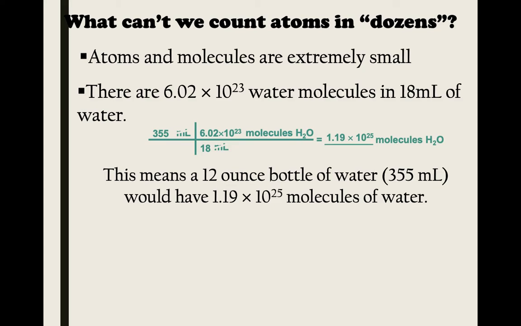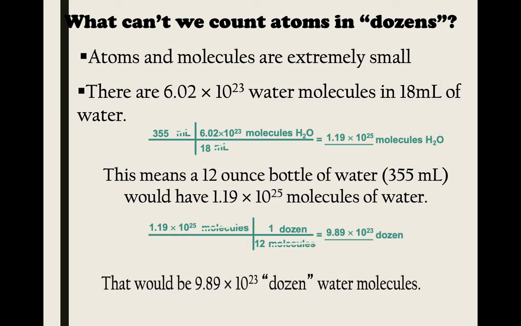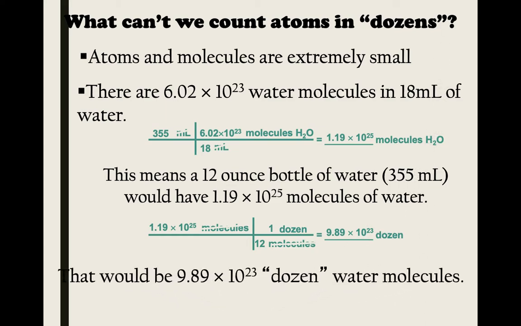The whole point of a counting number is to take this value, 1.19 times 10 to the 25th, something human beings have no reference for, and to make it something that we can actually comprehend. So if we were to try to reduce this into a dozen, as you can see, we don't really get a more manageable number. A number this big is just not practical for us to use.